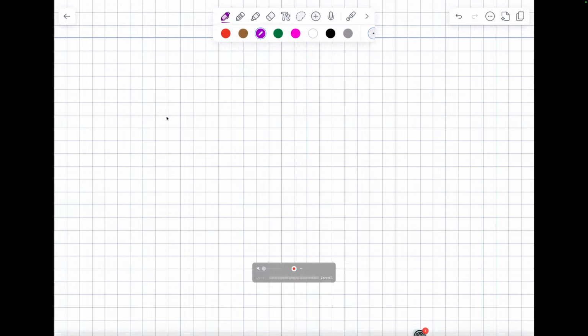There are a few different types, so I'm going to talk about a few different types of Riemann sum. One is the left hand approximation, the left Riemann sum.